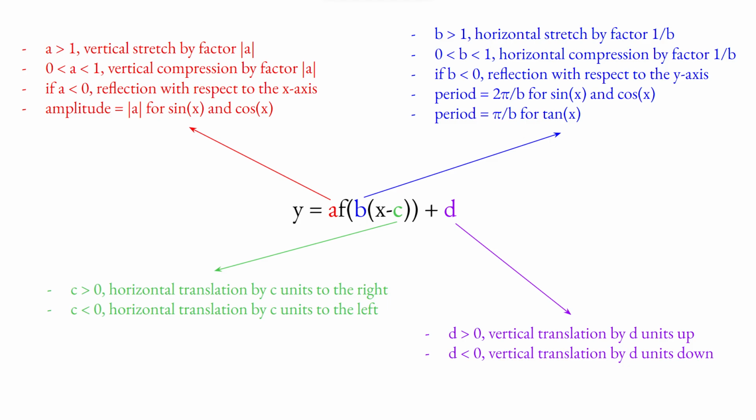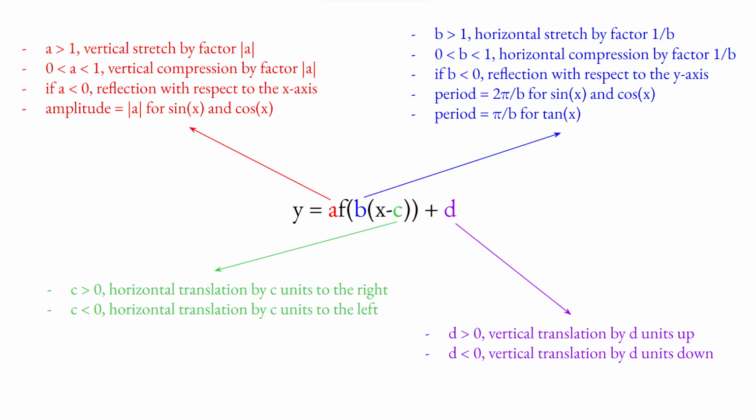And note that the amplitude for both the sin and cos function is in fact equal to the absolute value of A. Now B is a horizontal stretch or compression by a factor of 1 over B, and if B is negative, there is a reflection with respect to the y-axis.